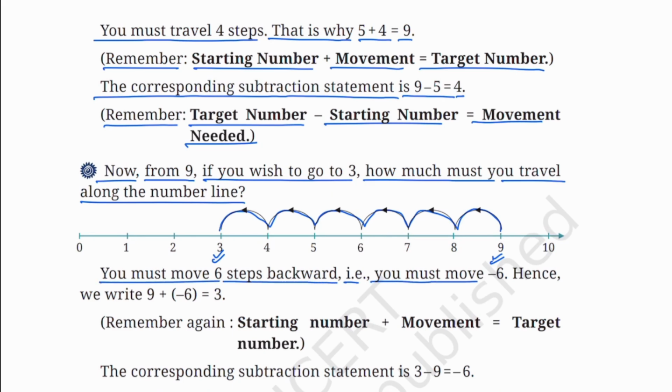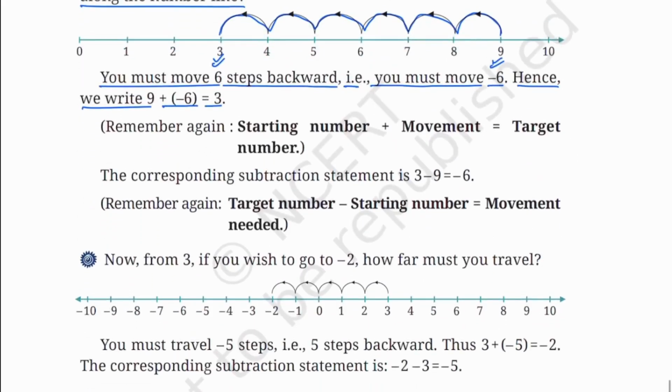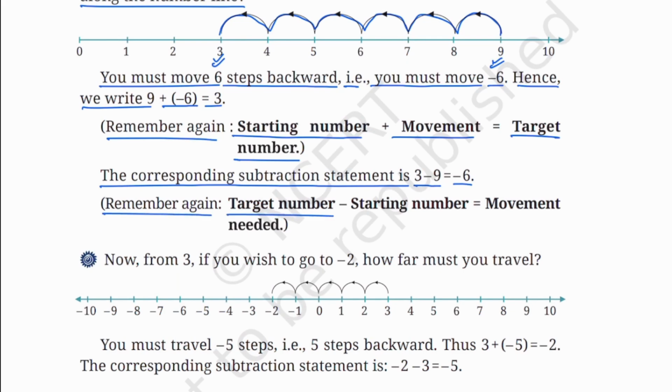That is, you must move minus 6. Hence, we write 9 plus minus 6 is equal to 3. Remember again, starting number plus movement is equal to target number. The corresponding subtraction statement is 3 minus 9 is equal to minus 6. Remember again, target number minus starting number is equal to movement needed.